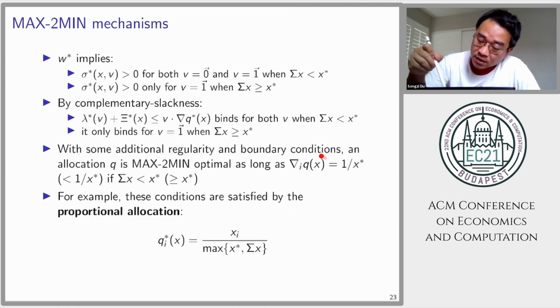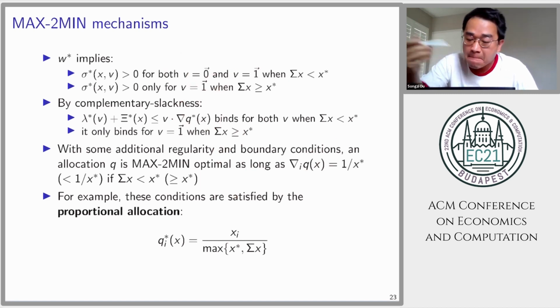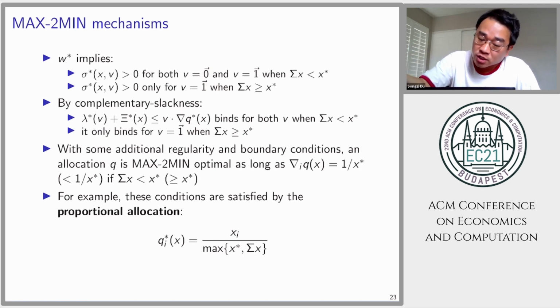So first of all, right, there is a clear condition that these can be satisfied. So with some boundary conditions, then Q has to be linear in the low region, right? So the partial derivative has to be exactly constant, and it turns out there's an additional condition.